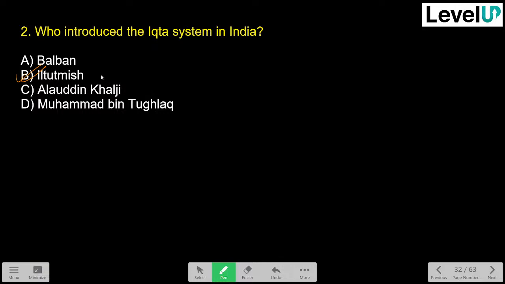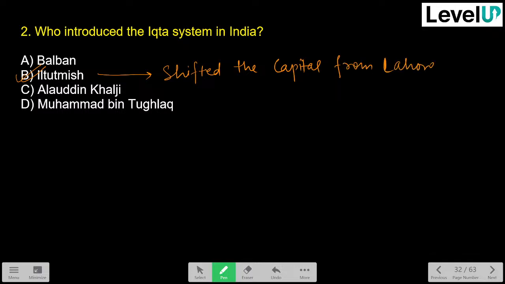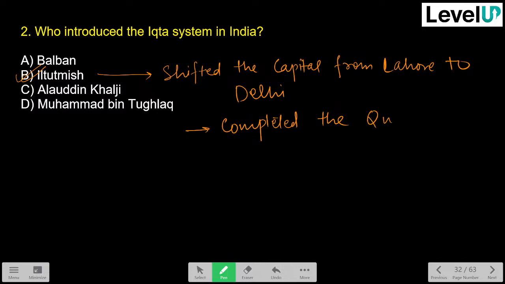Iltutmish shifted the capital from Lahore to Delhi. Another contribution by Iltutmish is that he completed the construction of Qutub Minar.